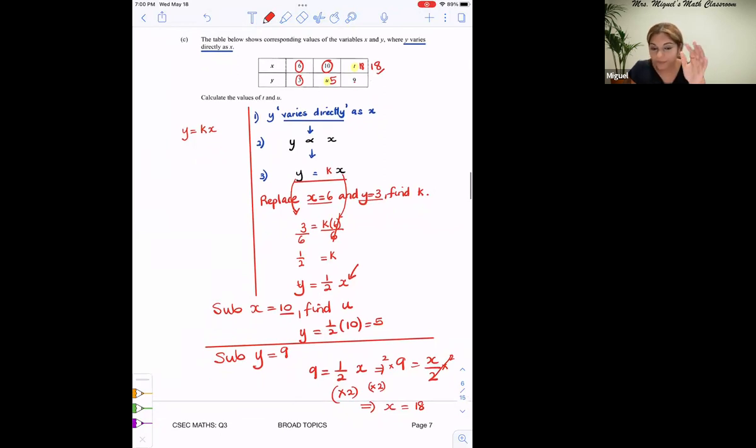All right, so take down whatever you need. We will try one more and we'll go to inverse proportion.